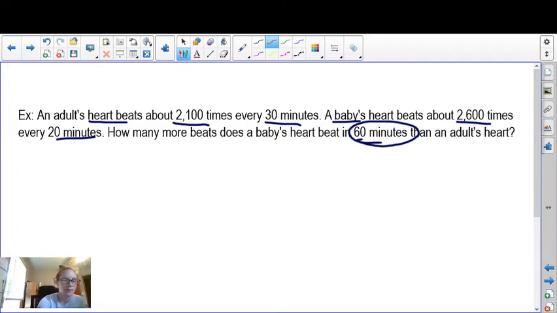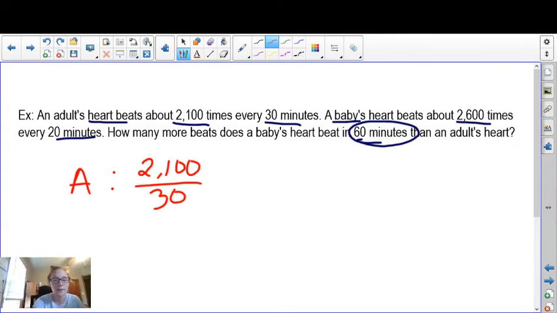So step 1, the adult heart just because that comes first. Remember, we do time on the denominator. So I'm going to do beats. Oops, I need a 1 there. Divided by my 30 minutes. We discussed how if I end in a 0, both of them, then I can cross them straight off. And then I'm going to cover up that little 0.